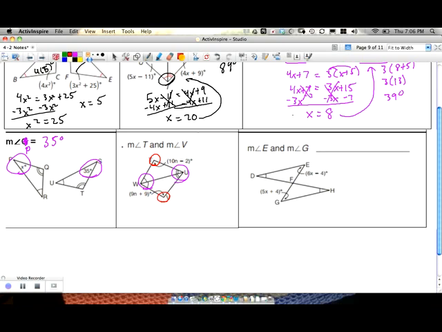That gives me that n equals 11. Now if I were to plug that back in, I could do it to either one. Let's do it to this one here. That means 9 times 11 plus 9, or 99 plus 9, or 108. 108 degrees.